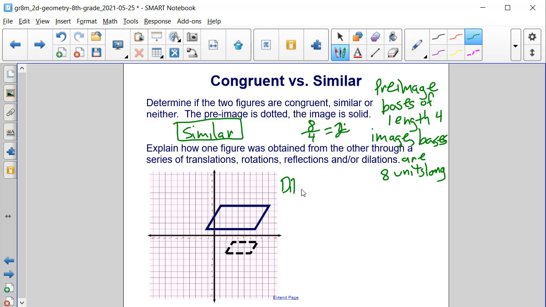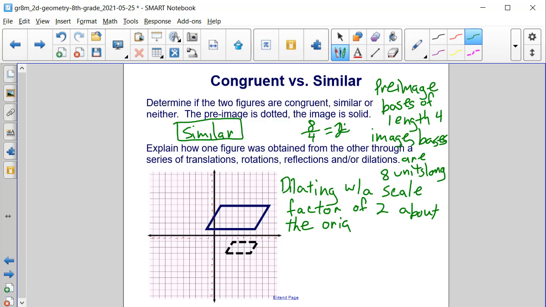So we are dilating with a scale factor of 2 about the origin. So that is one middle step that we have here.